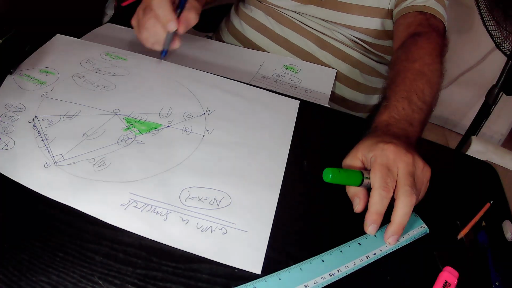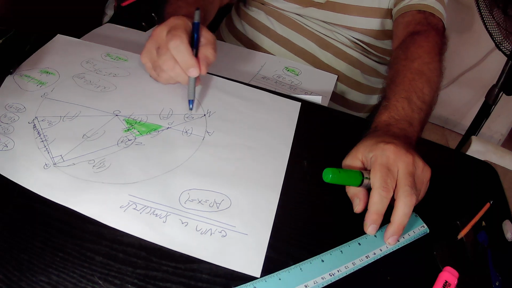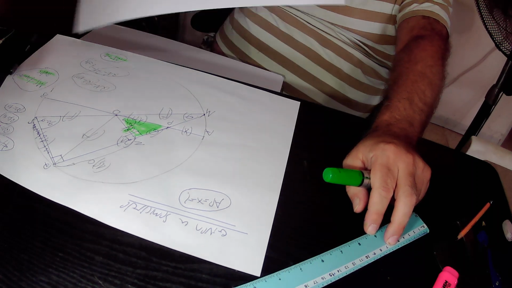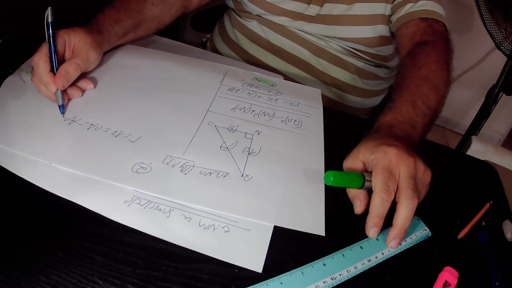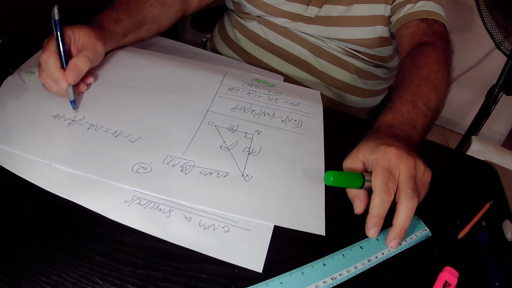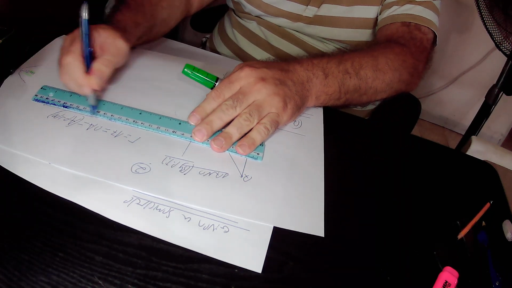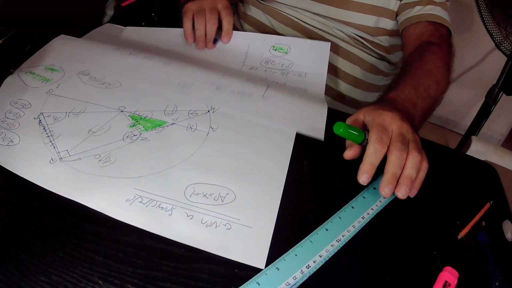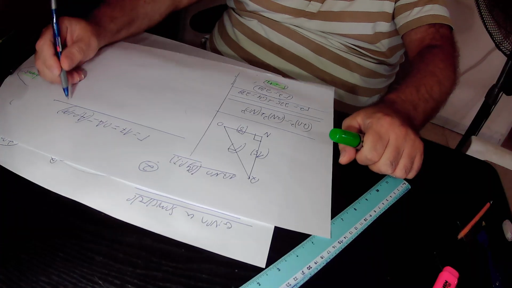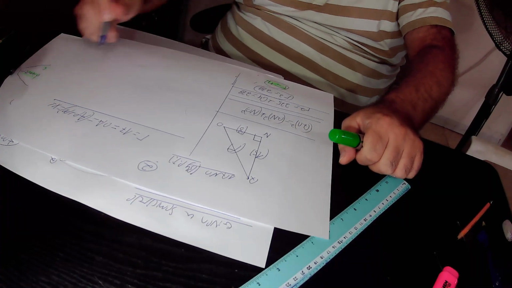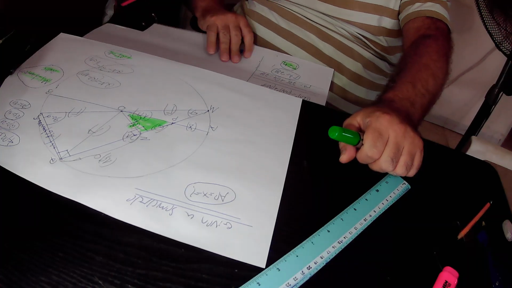But from the other side, OA equals AP plus PO. So OA equals AP, AP is X, plus PO. PO equals 10 units in length.